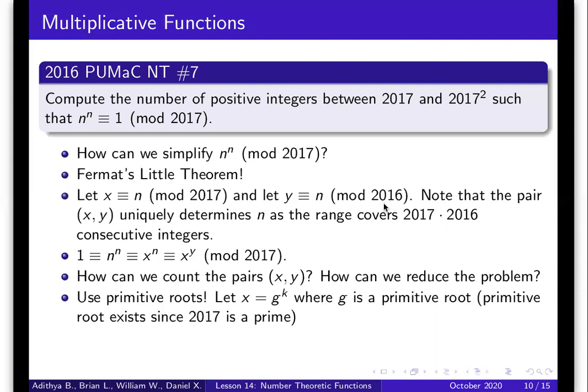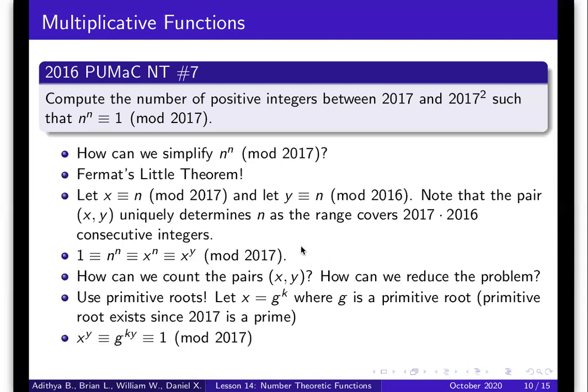Okay, so one thing we can do is use primitive roots. So we know that there does exist a primitive root g mod 2017. And the nice thing about primitive roots is that the order of g mod 2017 is 2016. And we can find some k such that g to the k is equal to x.